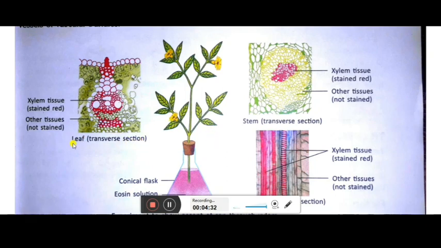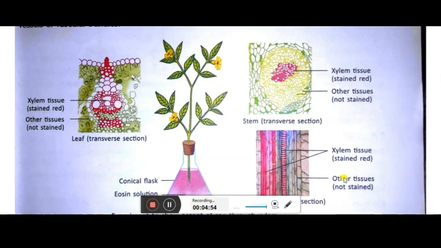Here you can see the leaf transverse section. Wherever the xylem vessels are, the red ink will stain that particular area, wherever the water is reaching. Here you can also see the stem transverse section, where the xylem tissue is stained red just because the eosin solution is there with the water.